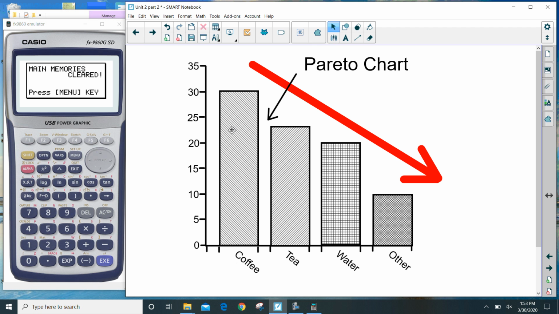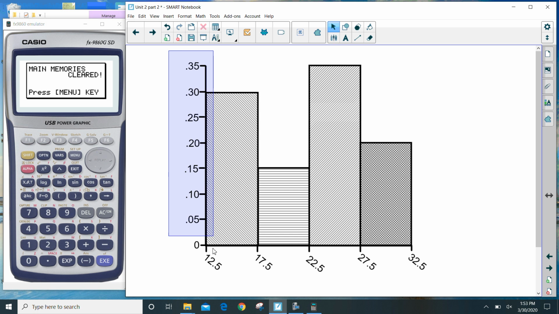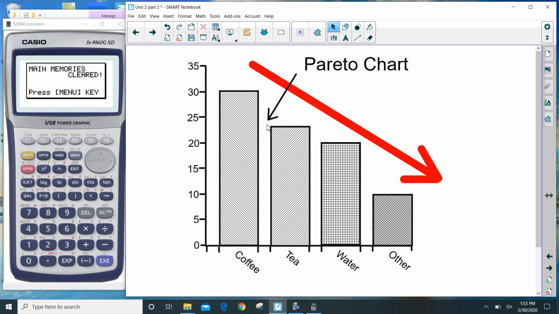For instance, this would be like 30 people drink coffee, 23 people drink tea, 20 people drink water. So that would be a frequency, where when we're looking at these other things, notice how these numbers change. But again, this has to match what the question is asking for. This kind of sidebar would be something that is probably more related to relative frequency, where they're like a percentage written as a decimal. So this would be a relative frequency in this situation. Okay, so again, Pareto charts, the bars are separated and they go downhill.